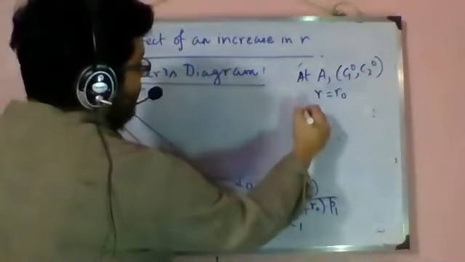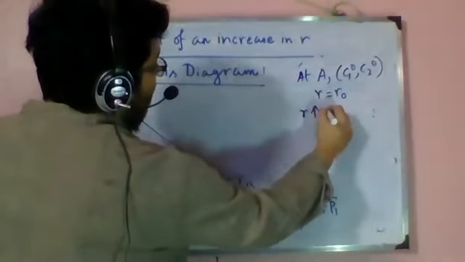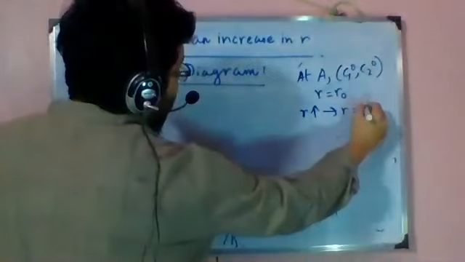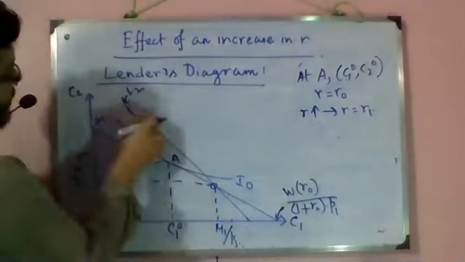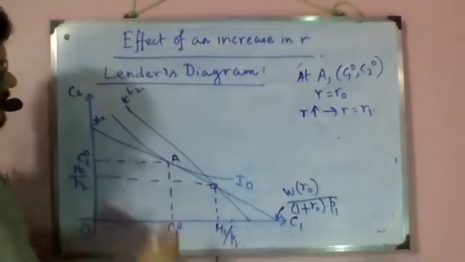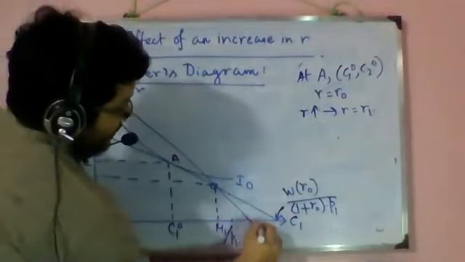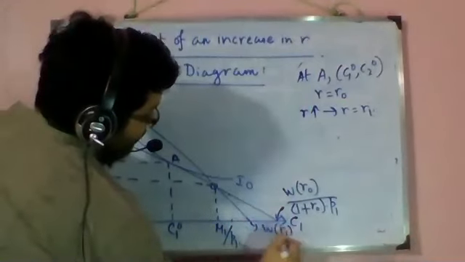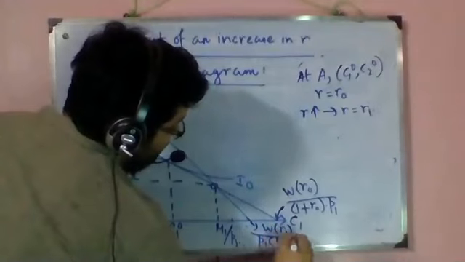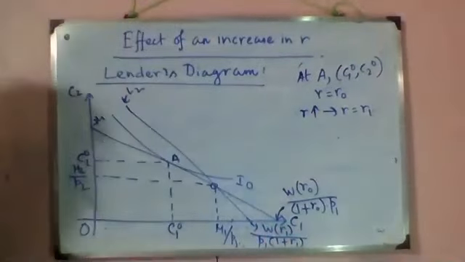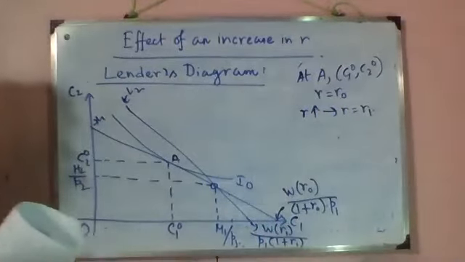Then we have assumed that R increased and it became R equal to R1. So in this budget line, in L2, this point becomes WR1 by P1 into (1 plus R1). Take a detailed look at this.